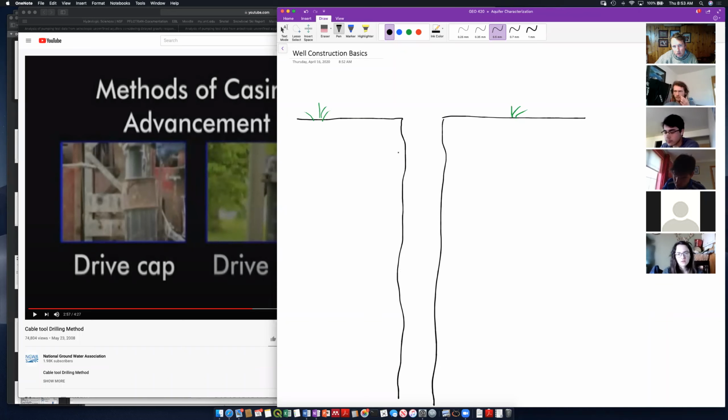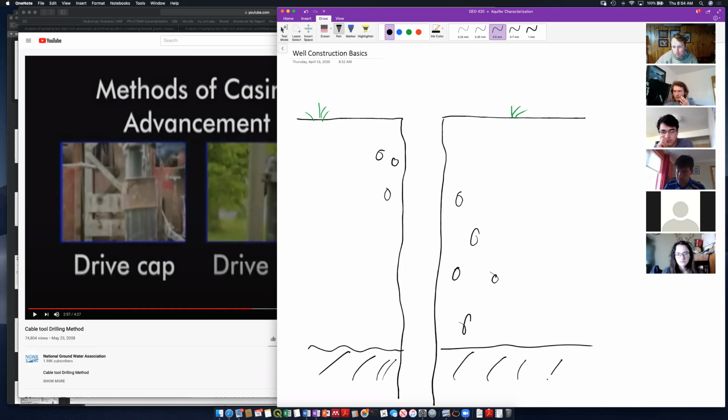So we got our open borehole here that is going through different rock types. And we might be soil up high, then we get to bigger gravels, and then we might get down into a bedrock or something. All right, this is a typical sort of profile. So we've drilled this hole.